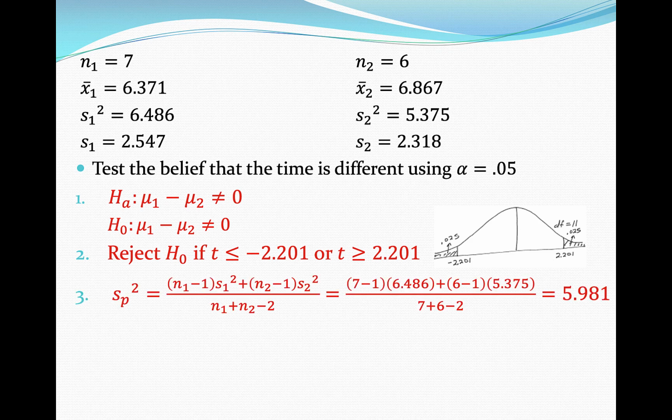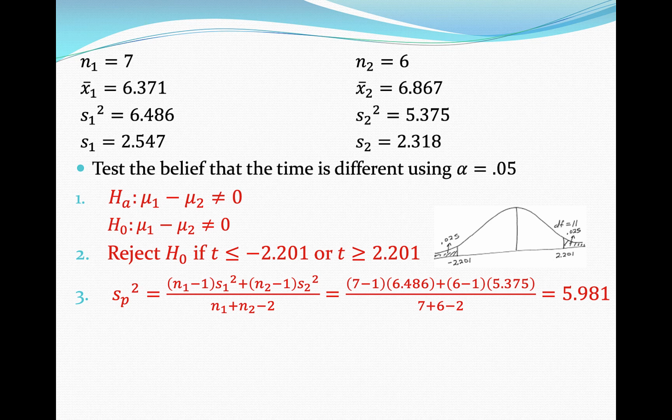To calculate our test statistic, we have to start with this idea of a pooled variance. So this is just that pooled variance formula. You can see I really just plugged in the information that we're given. The pooled variance here, we're going to take N1 minus 1, so that's 7 minus 1, times S1 squared. S1 squared is 6.486.